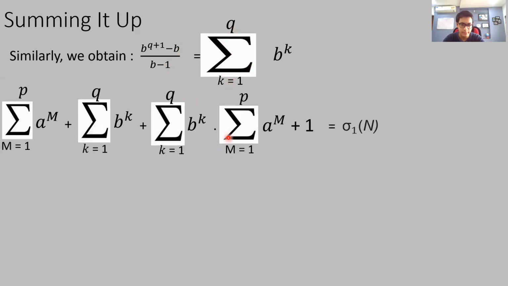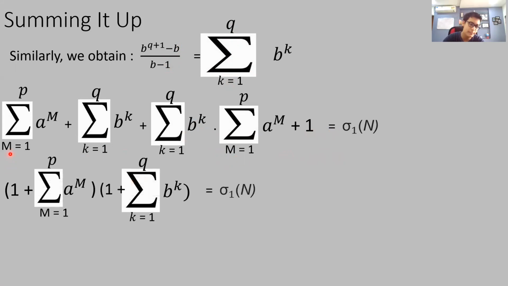Now, remember from the formula shown in the first slide, this is how the sum of divisors function can be represented. Now, this can be factorized as follows. Let this sum equal x, let this equal y, then our sum of divisors function is of the form 1 plus x plus y plus xy, which can be written as 1 plus x times 1 plus y, which is done here.